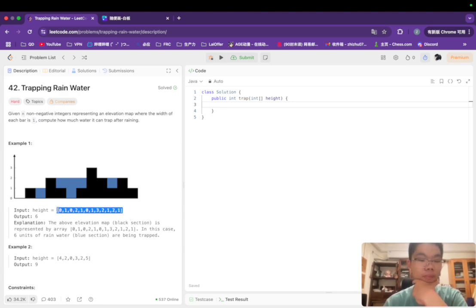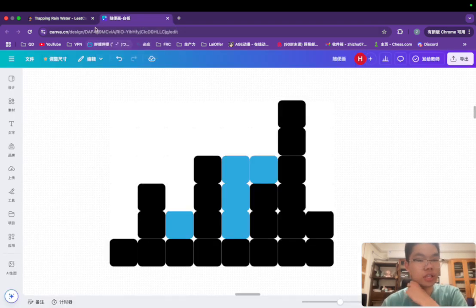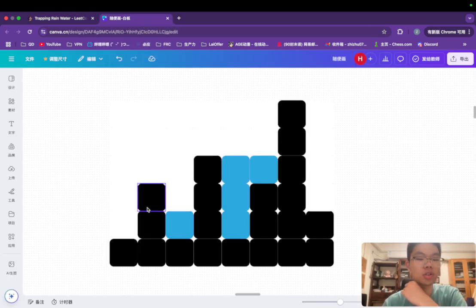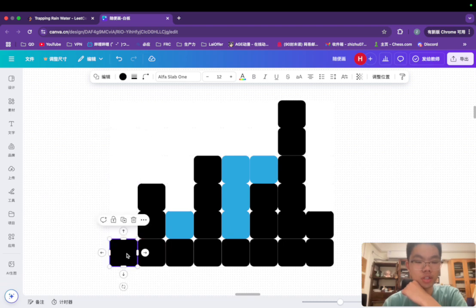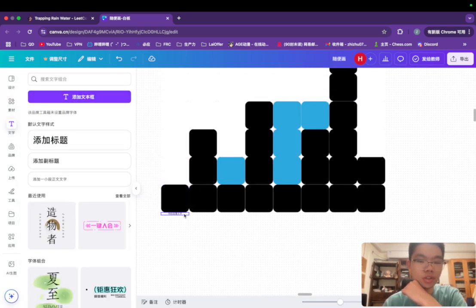for this given input. Okay, so from our first insight, we can definitely just do it in the most silly way, where we want to know, for each position. So let's just first write it down.